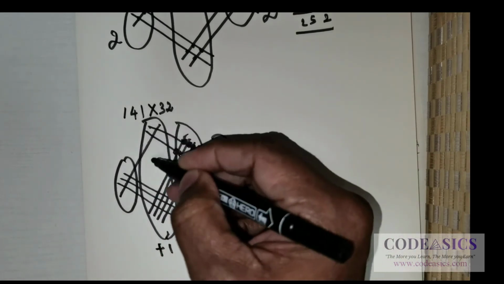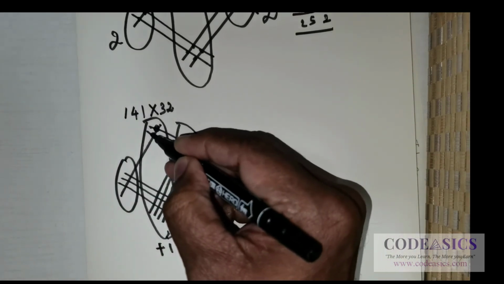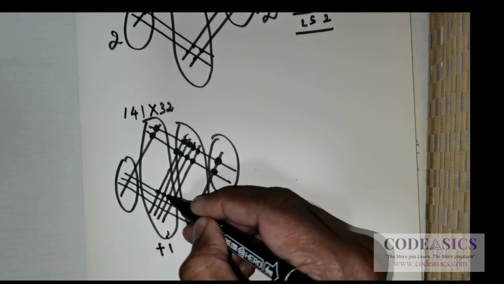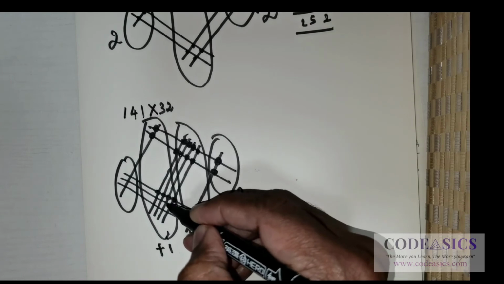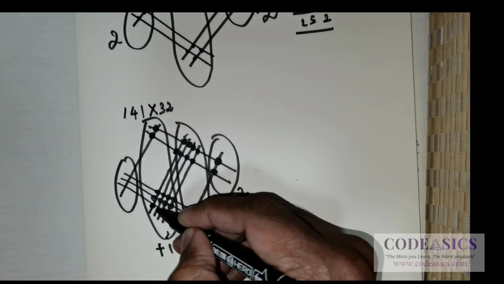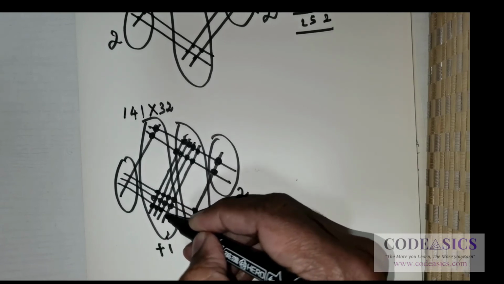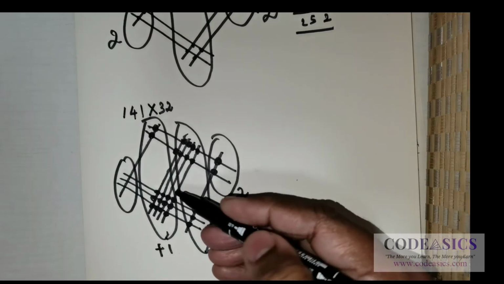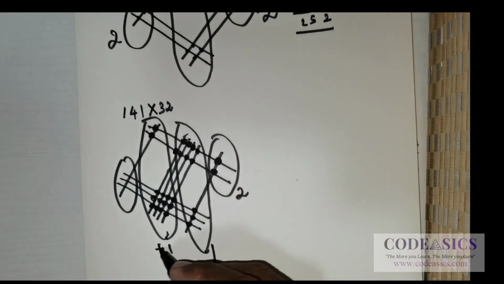Then find the number of intersections. 1, 2, 3, 4, 5, 6, 7, 8, 9, 10, 11, 12, 13, 14. So 14 intersections are there. So 14 plus 1. So that's going to be 15. You carry 1.